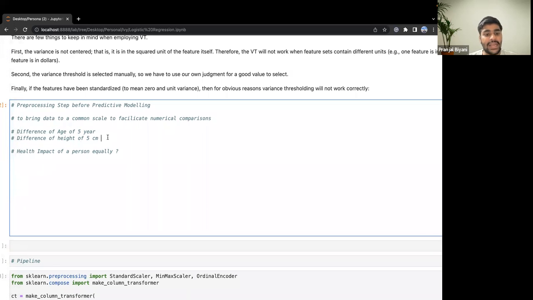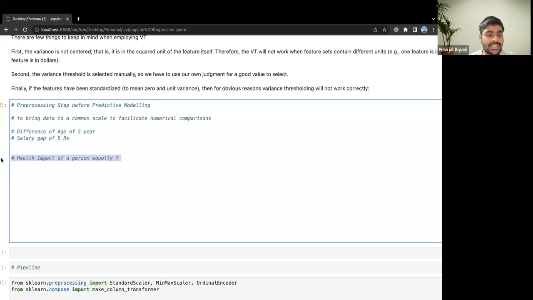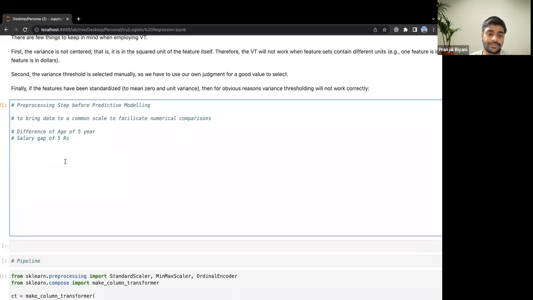Take another example, an age gap of 5 years and a salary gap of 5 rupees. Now, does everyone understand? Yes or no? The relative strength of variation in these two different columns does not have equal impact.